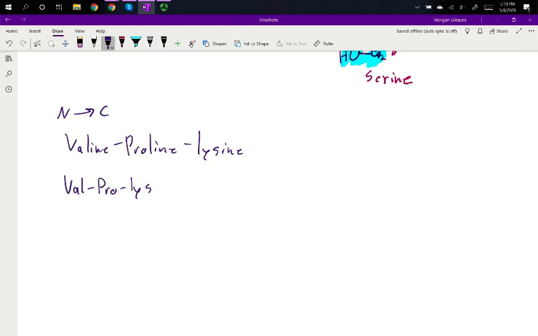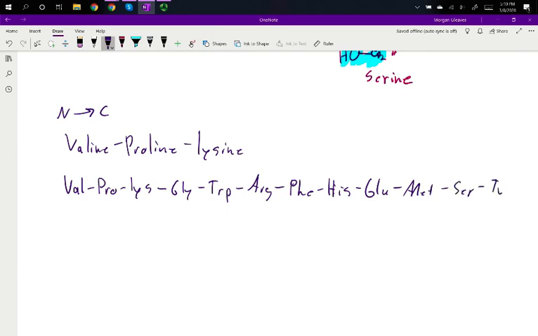Well, these just link together. So if you had a 3, it'd be here. If you had a 4, you might have a glycine, a tryptophan, an arginine, a phenylalanine, a histidine, glutamate, methionine, serine, tyrosine, serine.